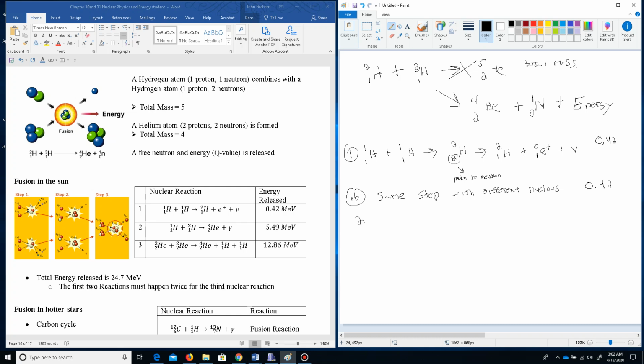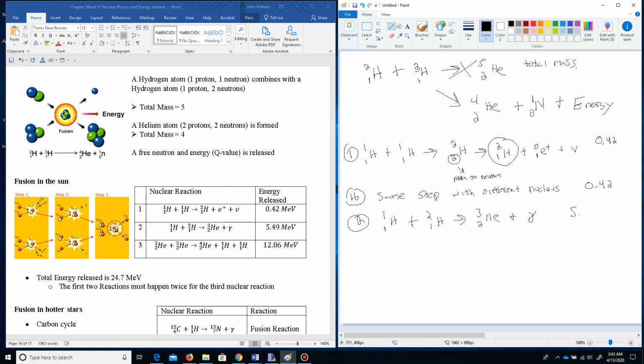So in step 2, we have 1 hydrogen, which is just 1 proton, plus our 2, 1, H here. That's going to combine together. You get 3 and 2, so you get helium, and then you get a release of gamma rays.